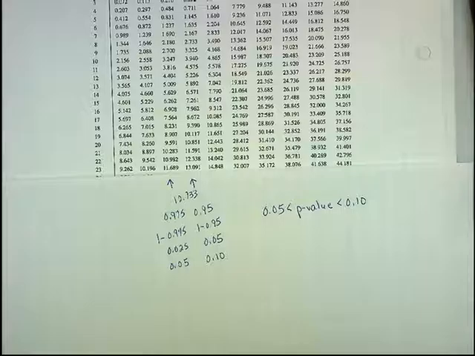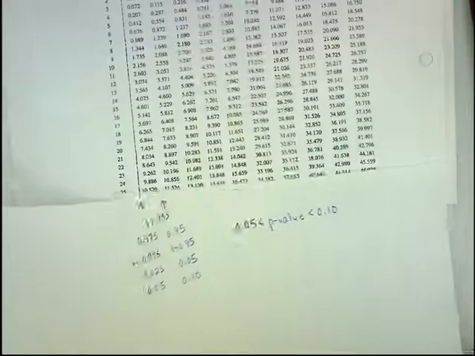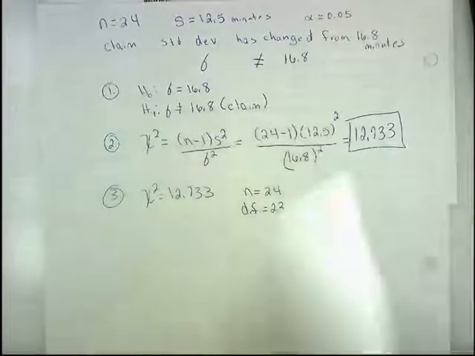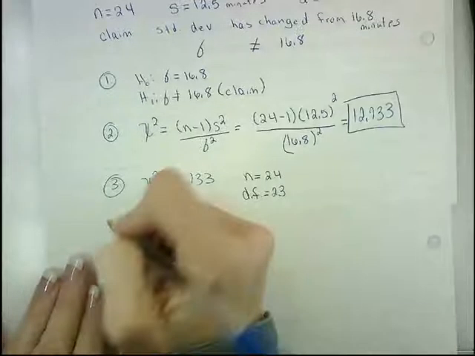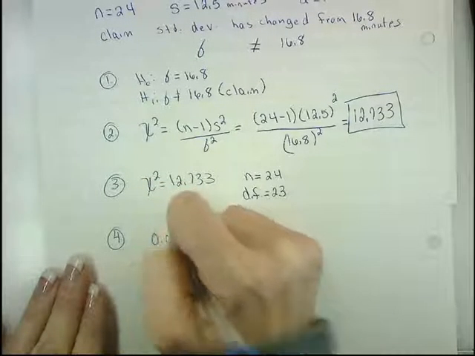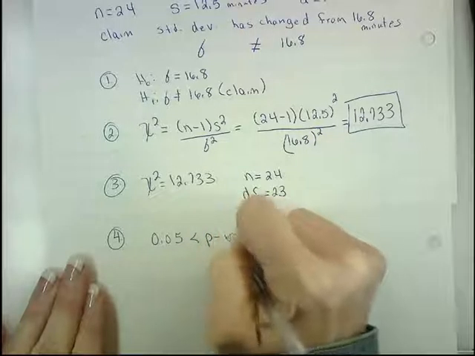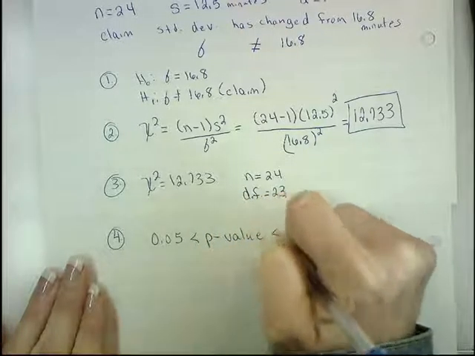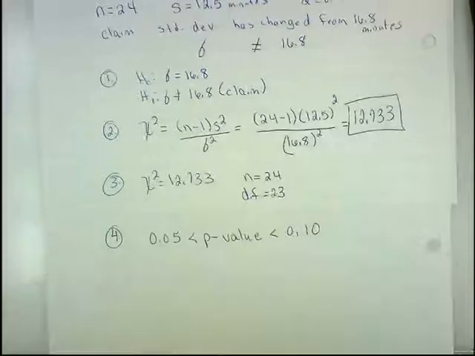Now, decision time. I'm going to go back to the work and write this down. Step 4. P-value. The TI-84 does not have a program that will calculate a specific p-value unless you download the program from the CD that came with your textbook.